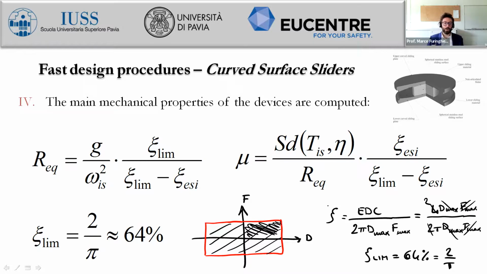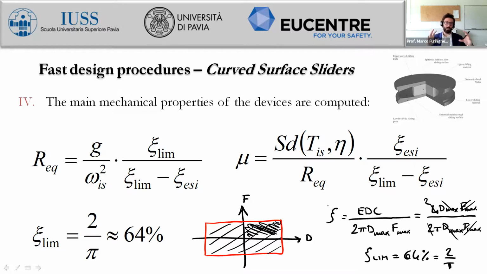So you get a higher value of equivalent damping ratio as soon as you have something similar to a perfectly plastic behavior. Even if you consider softening, that would imply a lower value of damping with respect to a perfectly horizontal hysteresis loop. So that is the maximum one that you can achieve.